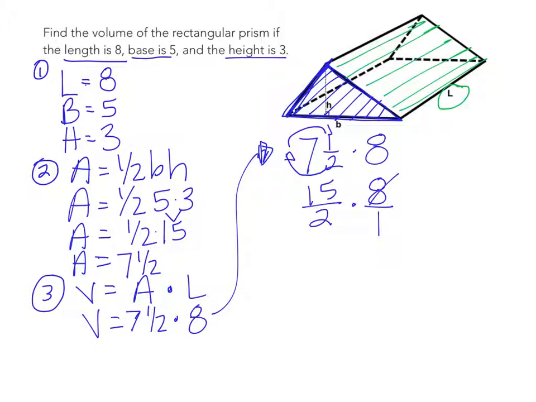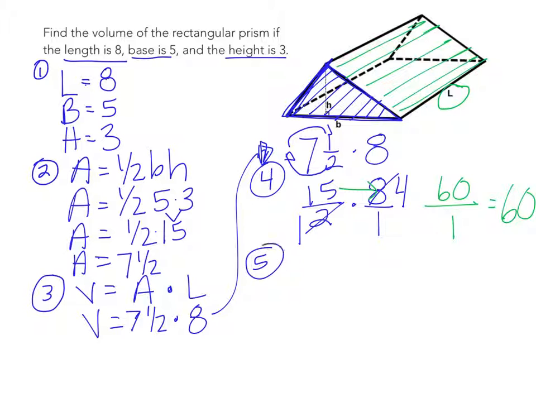I can cross reduce. Both of these divide by 2. So this becomes a 4. This becomes a 1. And now I multiply straight across. 15 times 4 is 60. 1 times 1 is 1. So my answer is 60. But I'm not done. So this was step 4, showing my work.